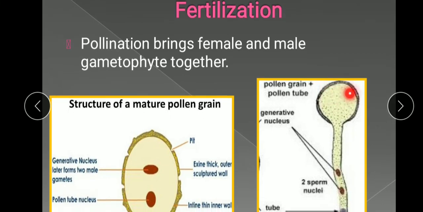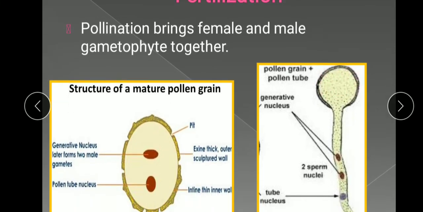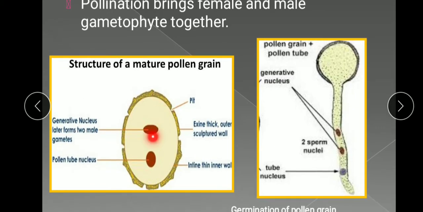So this is the pollen grain with the pollen tube. As the pollen grain reaches the stigma, its germination starts. How does the pollen germinate? Under suitable conditions, the cytoplasm of the pollen grain absorbs water and sugar from the stigma.